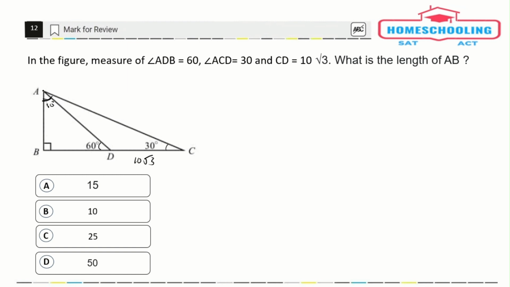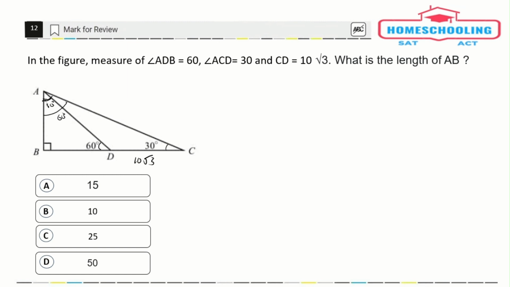Now let's take the larger triangle ABC, this whole big triangle. If this is 90 degree and this is 30 degree, as we know, the sum of all the angles is 180 degree. So this whole angle would be 60 degree.